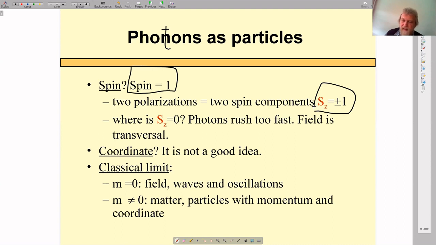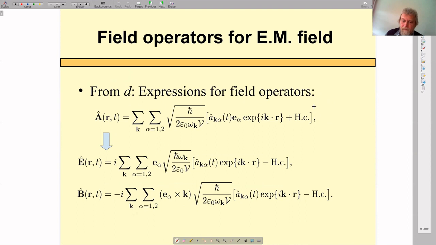All right, let me talk about more constructive expression. Let me talk about the correspondence between electromagnetic fields and annihilation and creation operators.